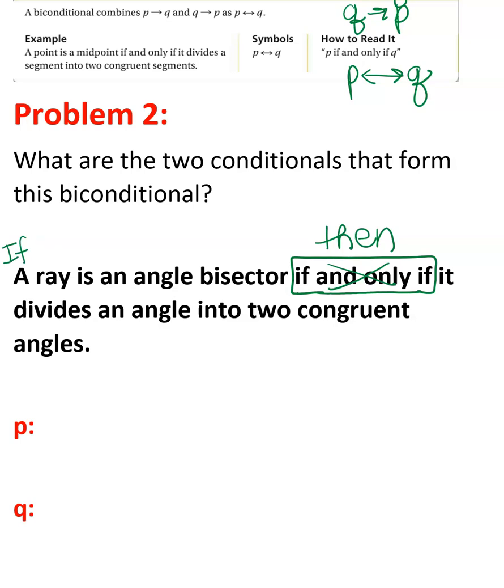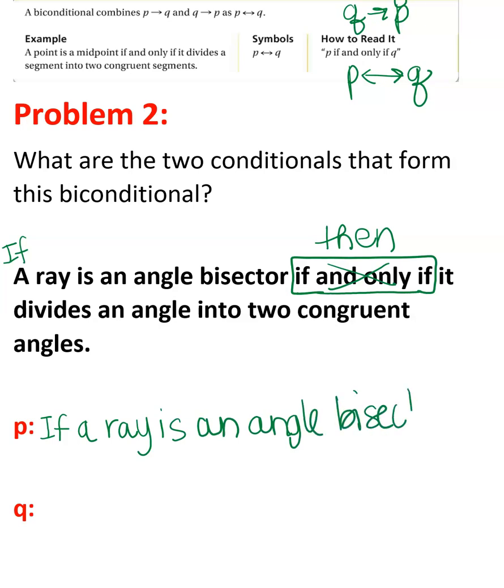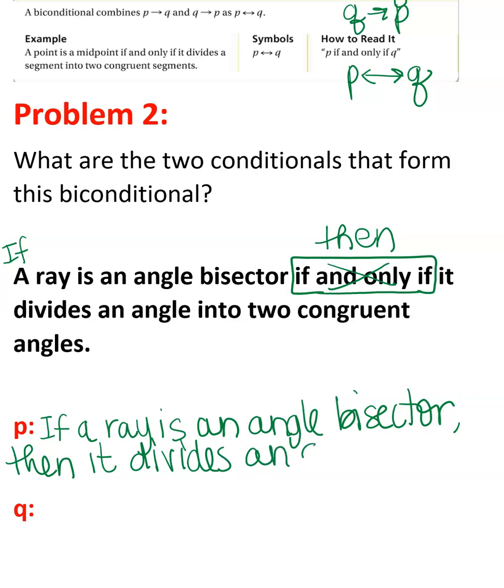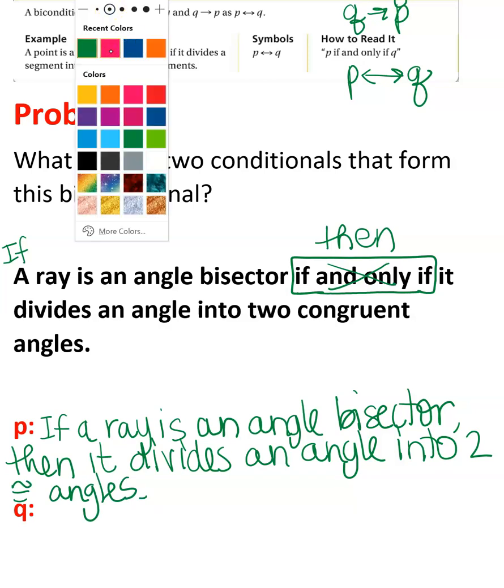So one of the statements is, if a ray is an angle bisector, then it divides an angle into two congruent angles. The other one we're going to do the converse of.